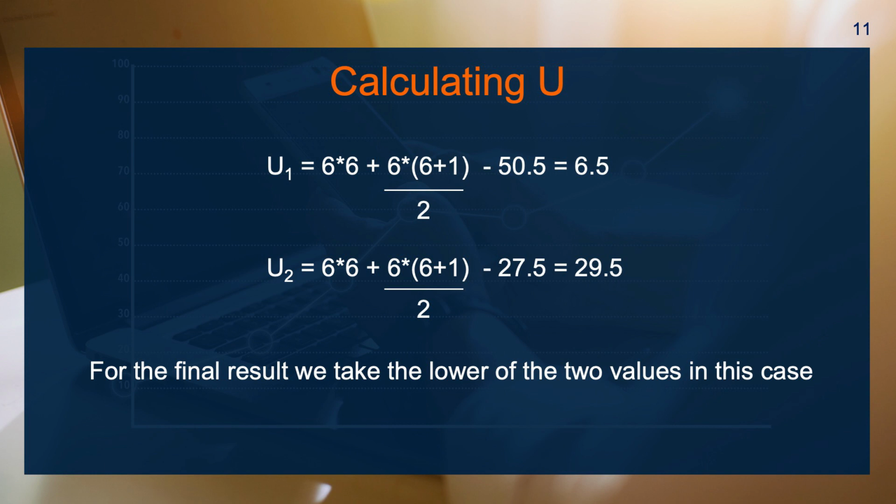In this case, that means that our U value comes out as being 6.5. Again, as I always say, don't worry too much about the calculation itself. What you really need to take away from this is how it was done, and particularly the process by which the data was put into ranks. So we have our final U value of 6.5.